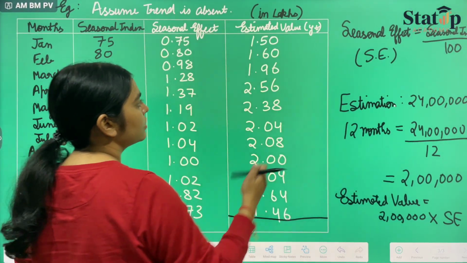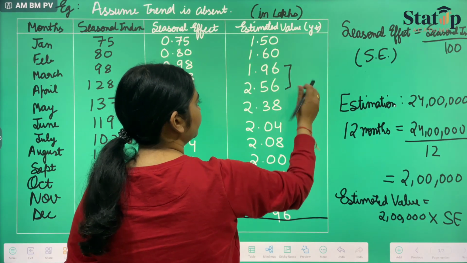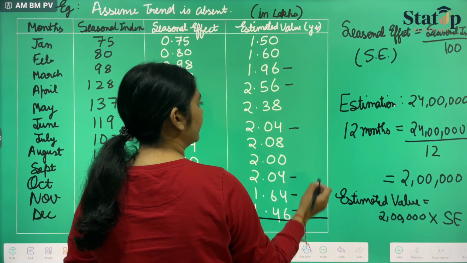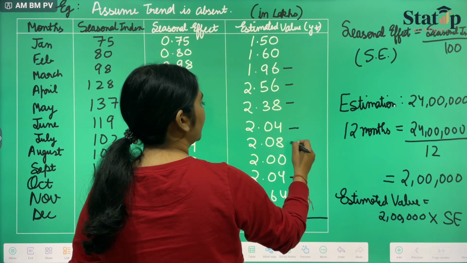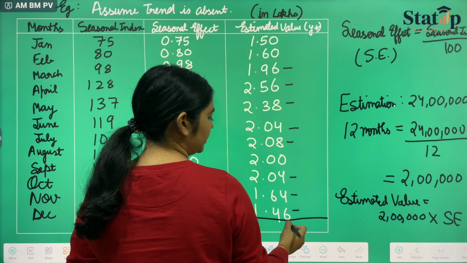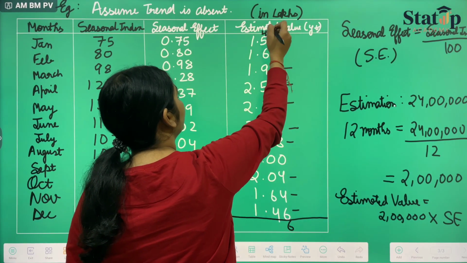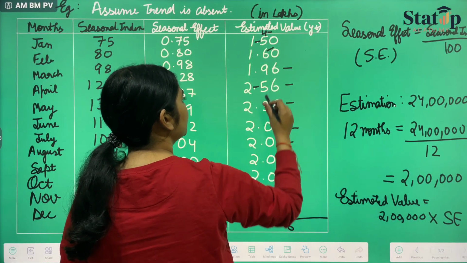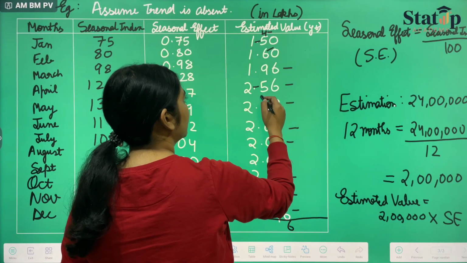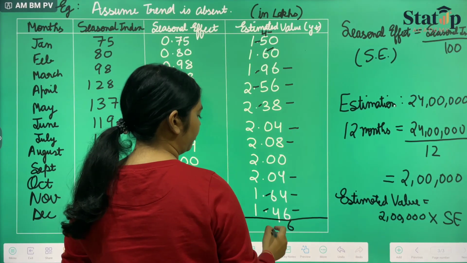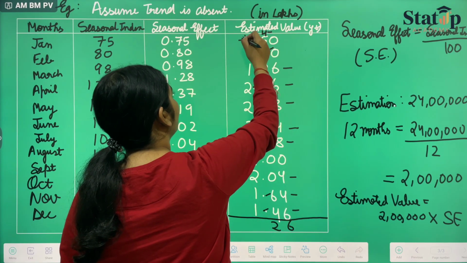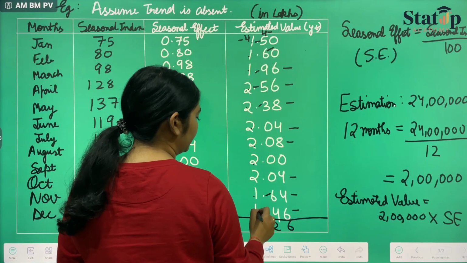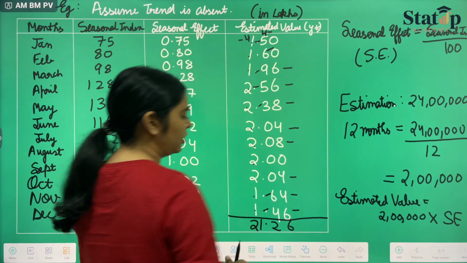So if I calculate this, adding up step by step, 30 plus 16 is 46, and so on, the running total comes to 21.26.